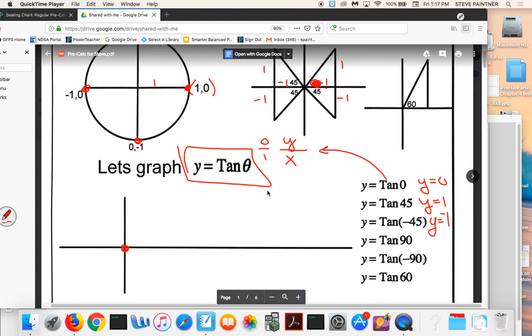It's 1 over 0. And 1 over 0 is what? Undefined. Okay. What about negative 90? Oh, right here. Still undefined, because that's going to be negative 1 over 0, still undefined.